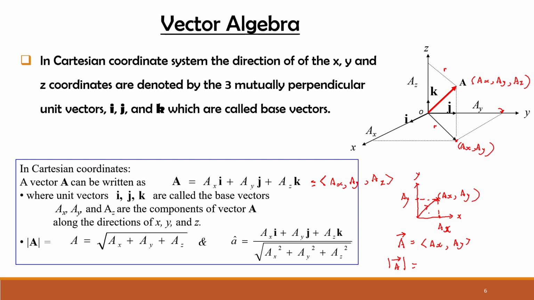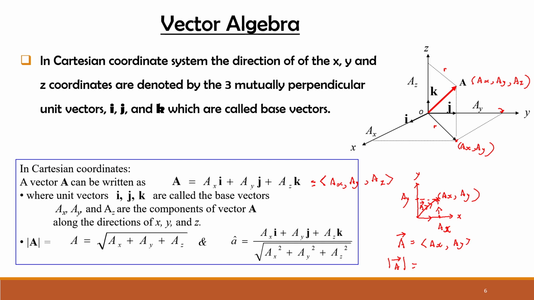Your vector is here: x moves in the positive x-axis direction by ax units, y in the positive y-axis by ay units, so the last point is here. The resultant vector is vector A, which is axi plus ayj.